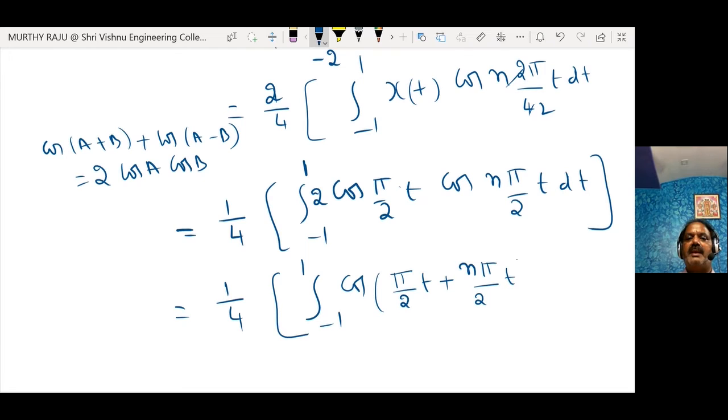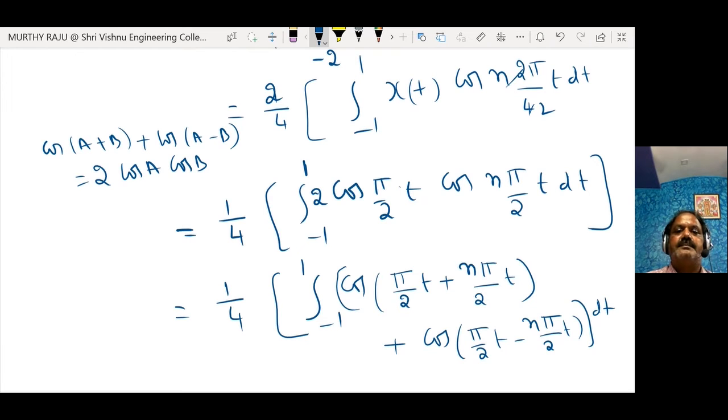This is cos a plus b. Then cos pi by 2 minus n pi by 2 t dt.